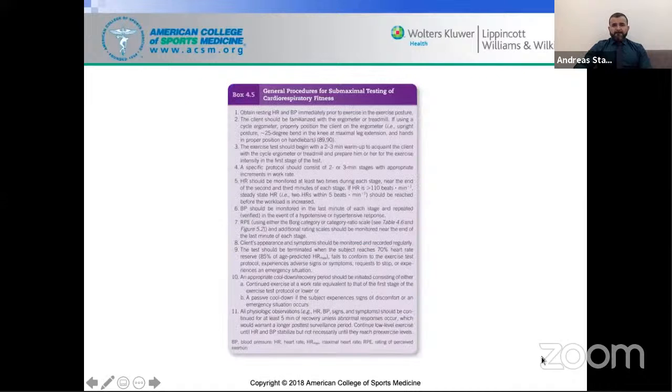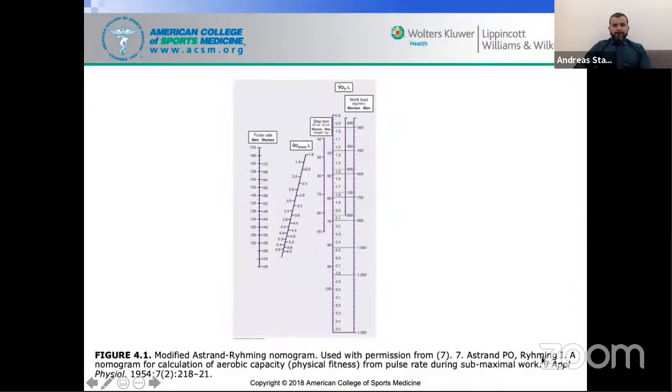These are some general procedures for testing. I'm not going to go over that. This is a nomogram that you can use by yourself. In general, you can see on the right side, for example, that it is different for men and women. And if you know the heart rate on the left, you can draw a line from the left side to the right side, and then you can figure out the VO2 max.